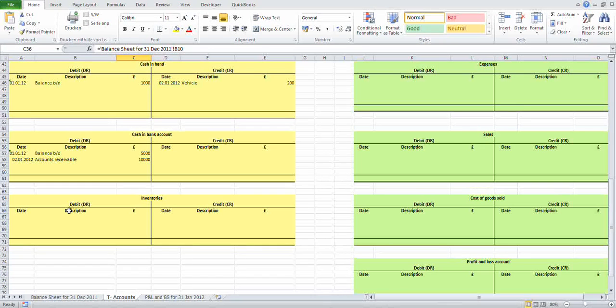Now we need the inventories T account, which does not have an opening balance, and this is debited. When an asset is increased, the debit side increases. So this was on the 9th of January 2012.